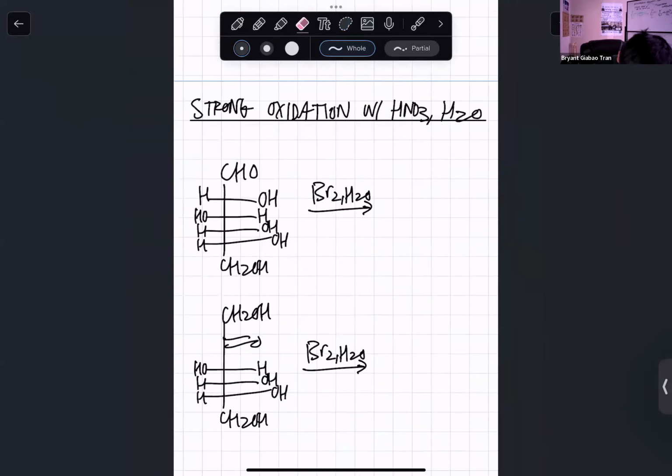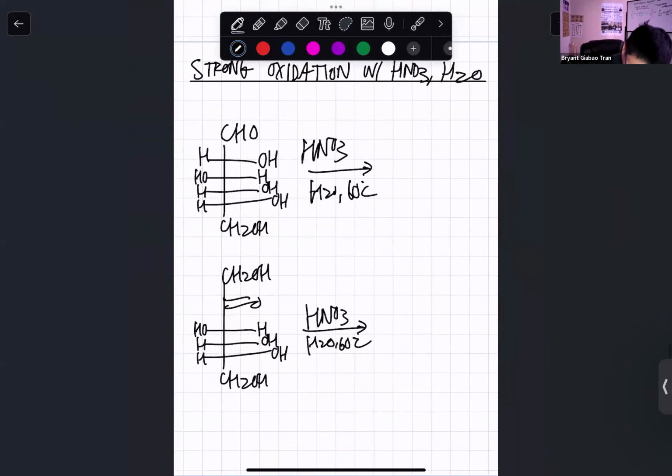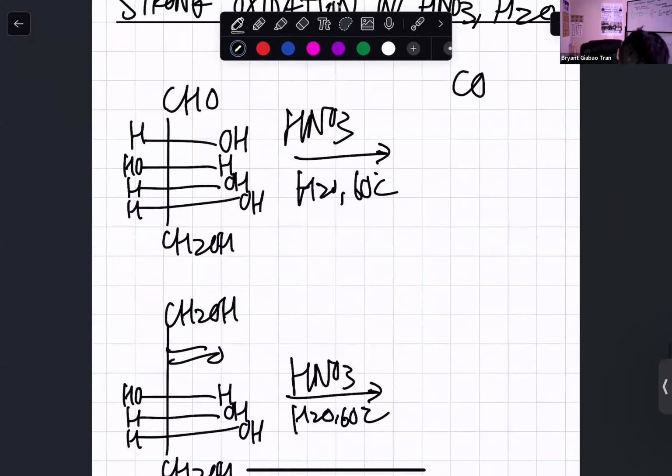Okay, so this first reaction here is going to be like HNO3, water. You might see some temperature, like 60 degrees Celsius, HNO3, water, 60 degrees Celsius. Since this is a strong oxidizing agent, we're going to fully oxidize the top and bottom carbon into carboxylic acids. Right?